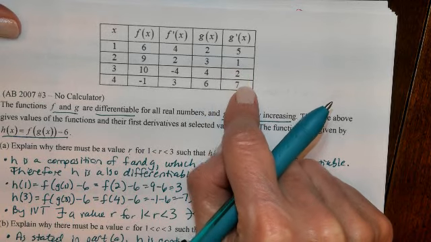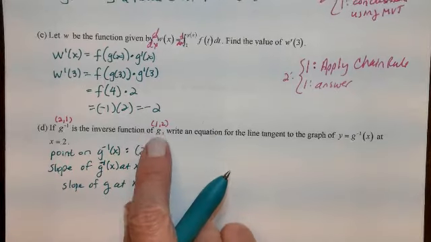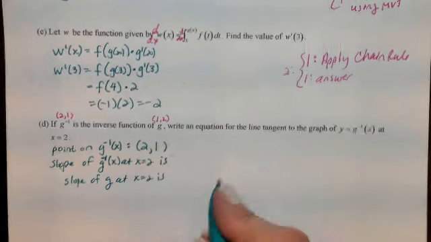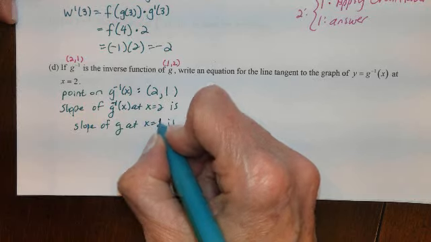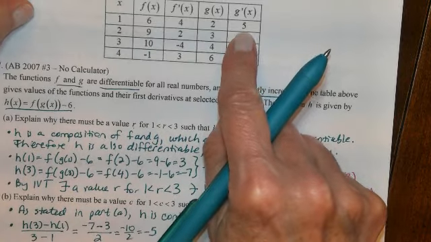Oh, I'm sorry, not at x equals 2, at x equals 1, because on G we're not looking at when x is 2, we're looking at when x is 1, right? So when x is 1, the slope of G is 5.